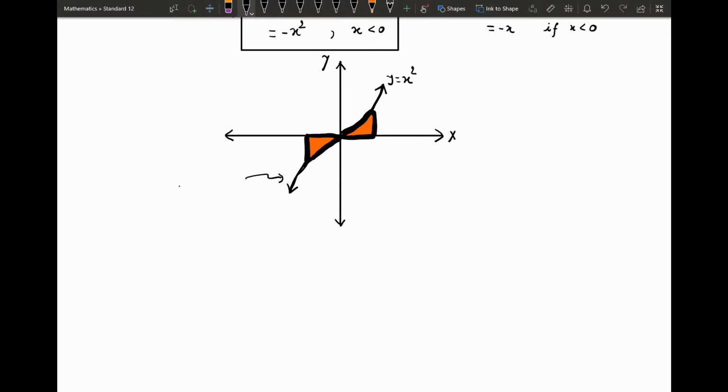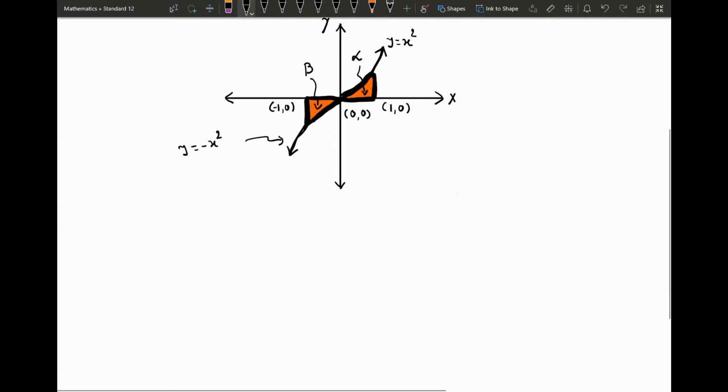This will be y equal to minus x square. You can also draw the graph by taking the points of the curve here, 1, 0, minus 1, 0. If we denote, this one is beta and this one is alpha.